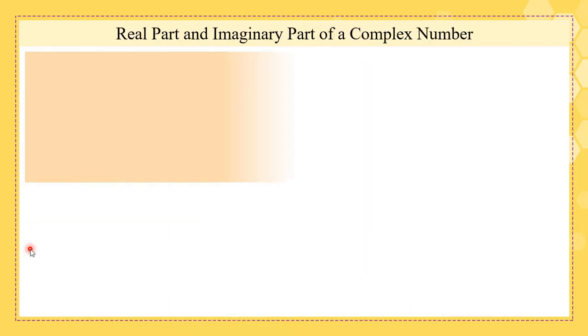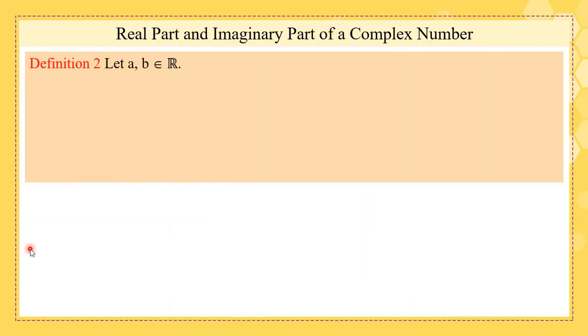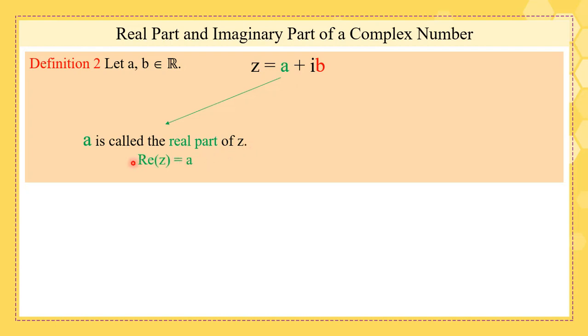Let's continue. What are the real part and imaginary part of a complex number? a and b are two real numbers. As usual, z is a plus ib. Well, this a is called the real part of z, and it's denoted by capital R, small e, open parenthesis z, close parenthesis, is a.